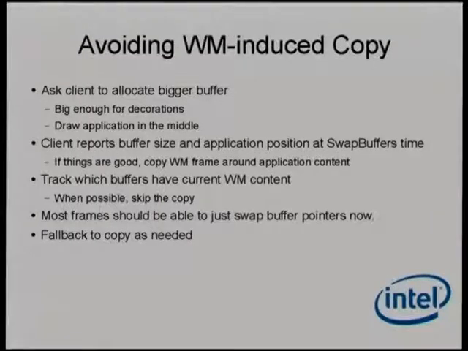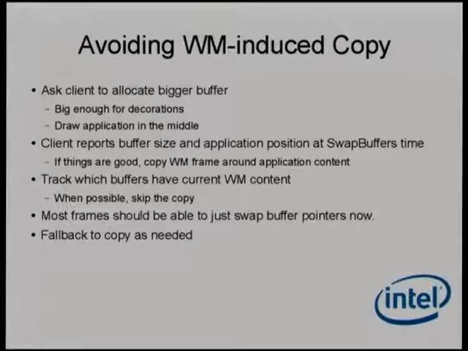Okay, so how are we going to avoid this window manager induced copy? Remember that GLX Gears application, the back buffer was smaller than the frame. We had to reallocate. We're going to ask the client to allocate a bigger buffer. Just make it big enough for the decorations and stick the application in the middle of that buffer where it belongs. And then the client is going to tell us where it stuck its application in this buffer. And then we're going to track.